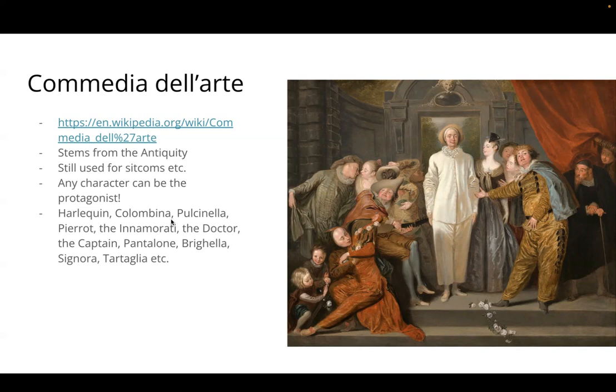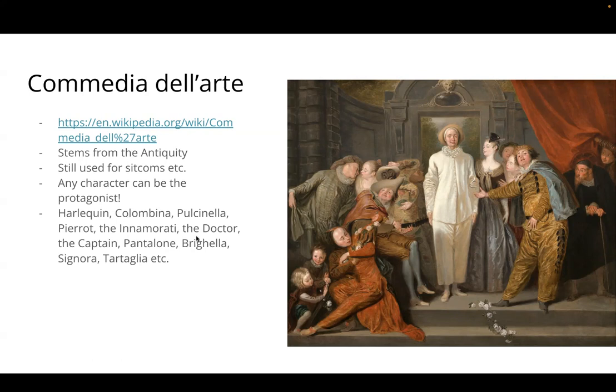Then Colombina is typically the beloved of Harlequin, and Harlequin is often a crafty servant character. He's crafty, but he's not a criminal.